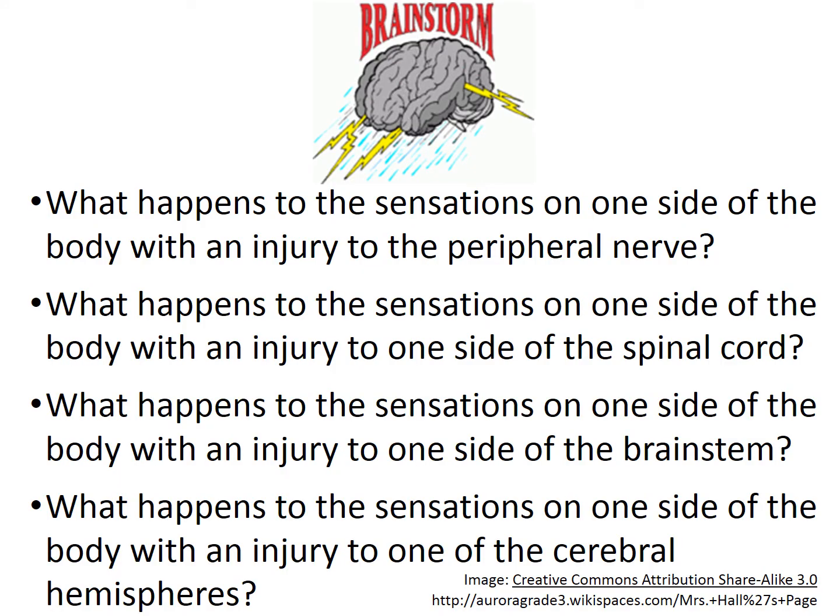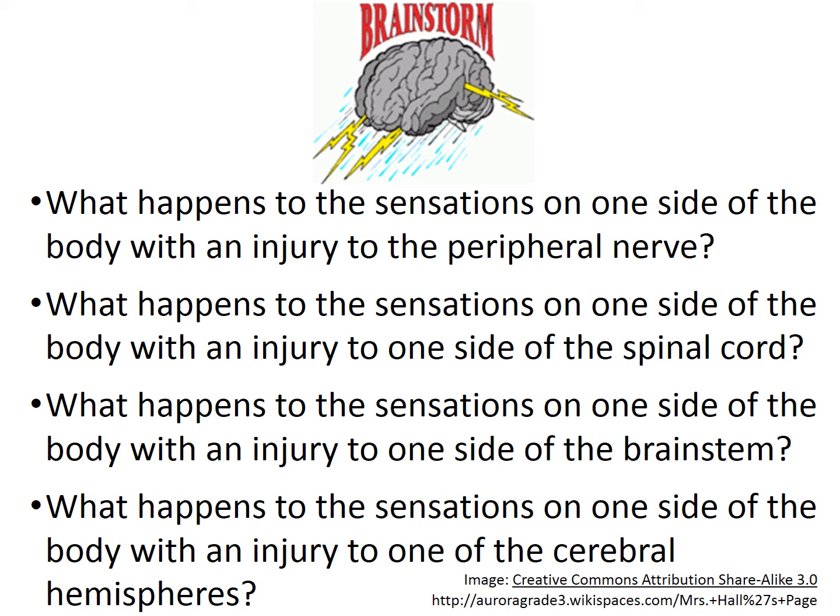So now I've got some brainstorm questions for you. What happens to the sensations on one side of the body if we have an injury to the peripheral nerve? What happens to the sensations on one side of the body if we have an injury to one side of the spinal cord?